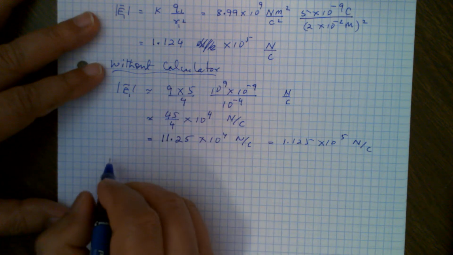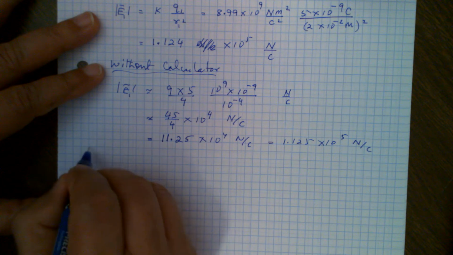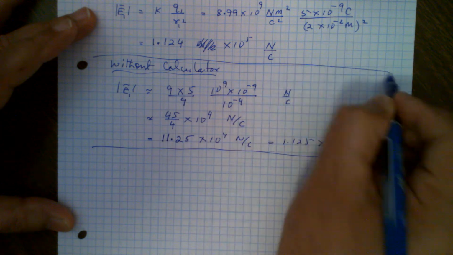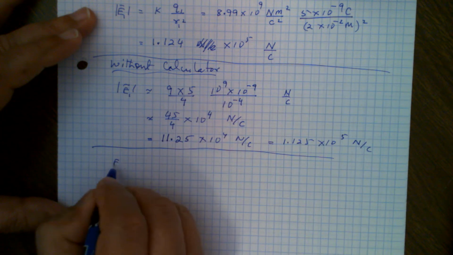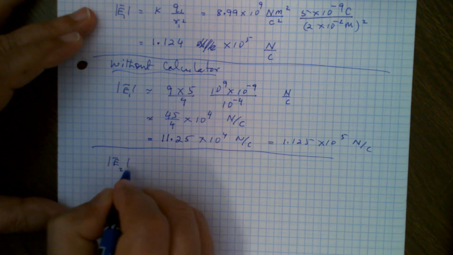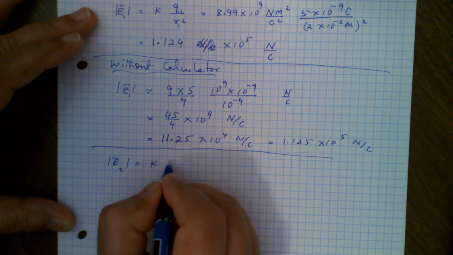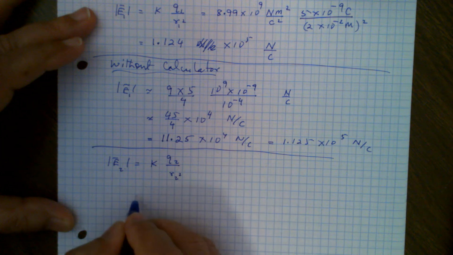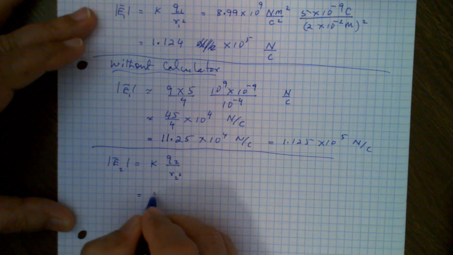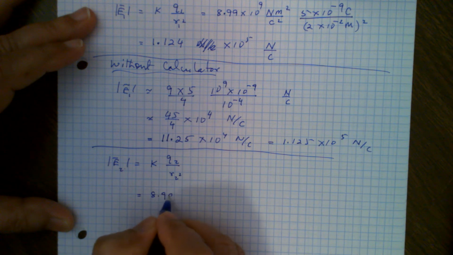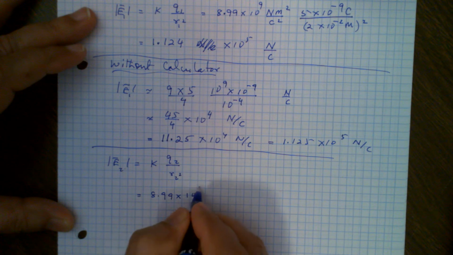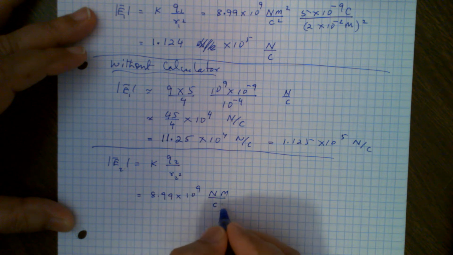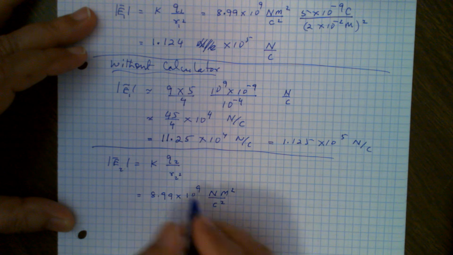Now let's do example E2. So this is just extra for you guys, right? So let's do E2. And E2 magnitude is again K Q2 by R2 squared. So let me substitute. K is 8.99 times 10 to the power 9 newton meter squared per coulomb squared.